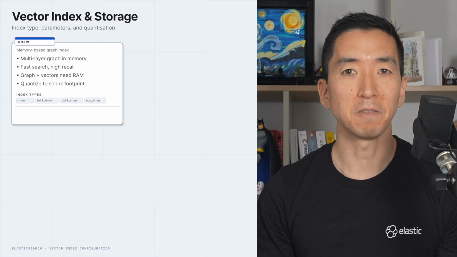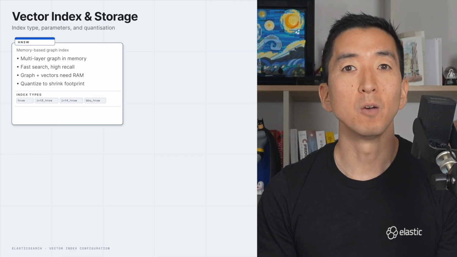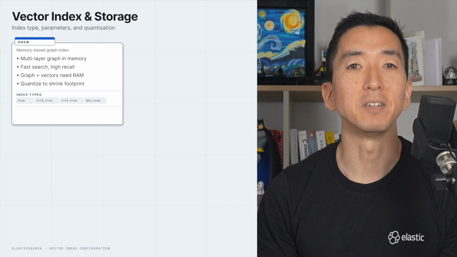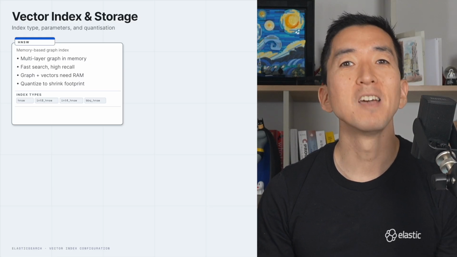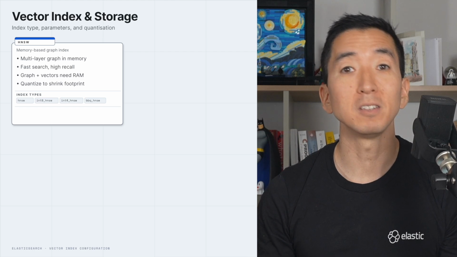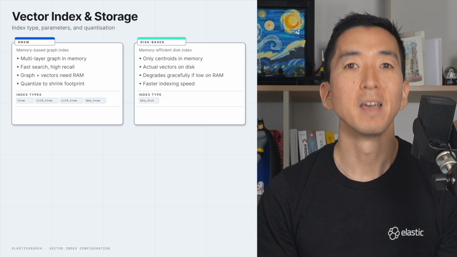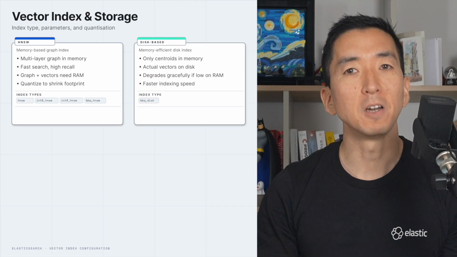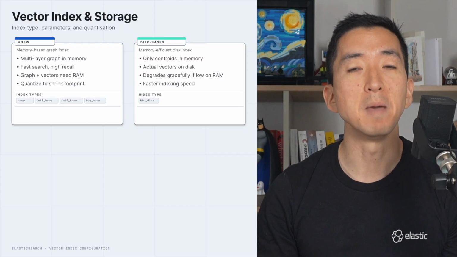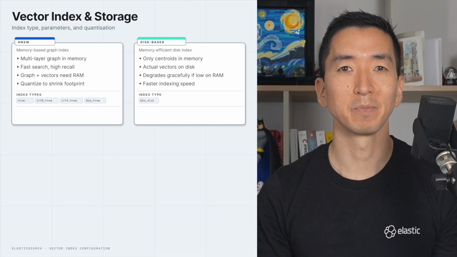The HNSW family builds a multi-layer graph where each vector is connected to its nearest neighbors. This is the fast, high recall type of vector index, with the requirement that the graph and the vectors need to fit in memory. Then there are disk-based indexes like DiskBBQ. They take a fundamentally different approach to avoid this memory limitation of HNSW.